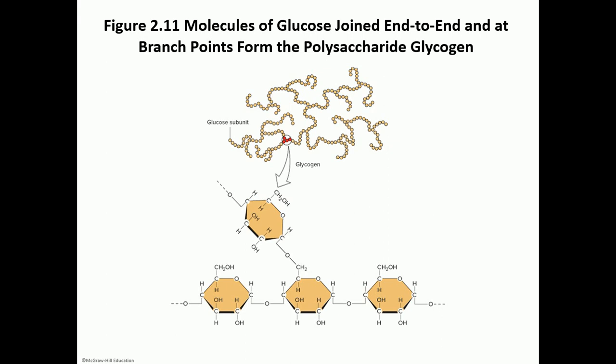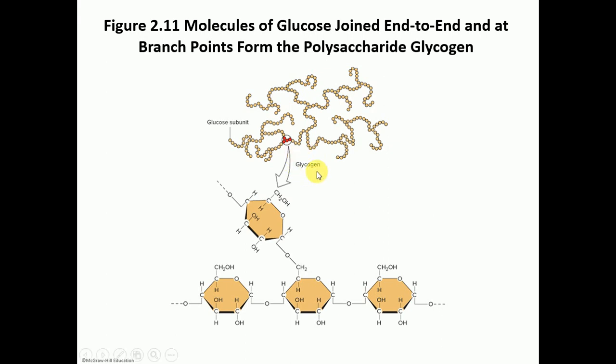So when we store, if we take in too much sugar or too much starch and we want to store this, our body stores it in the form of glycogen. And glycogen is stored in the liver and in our skeletal muscles. Skeletal muscles, if you're not familiar with that term, are the muscles that are attached to the skeleton, hence the name skeletal muscle.